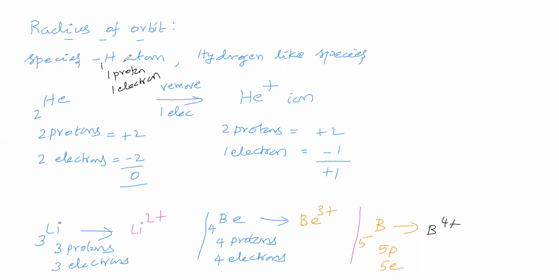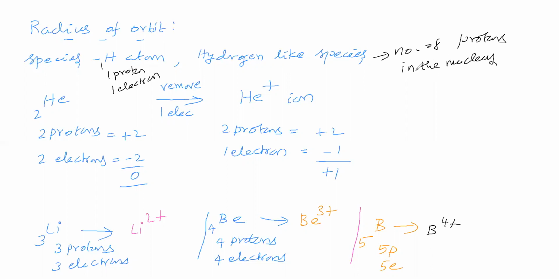So hydrogen atom means the number of protons in the nucleus is 1. Hydrogen-like species means what is the number of protons in the nucleus? Do you say 1, or greater than 1? Hydrogen atom nucleus contains 1 proton.